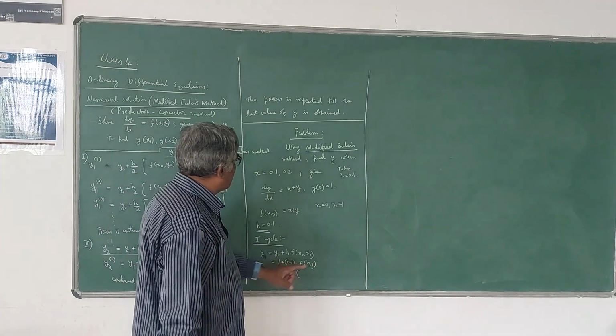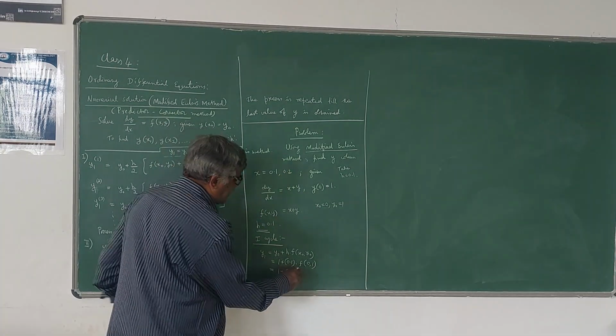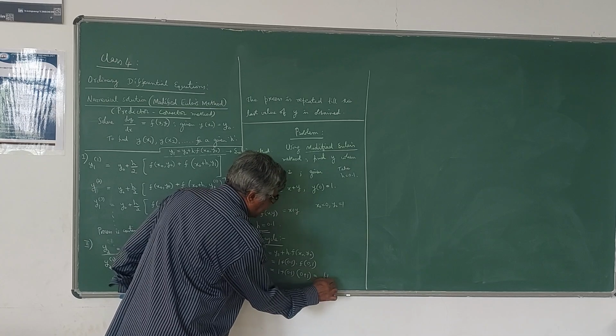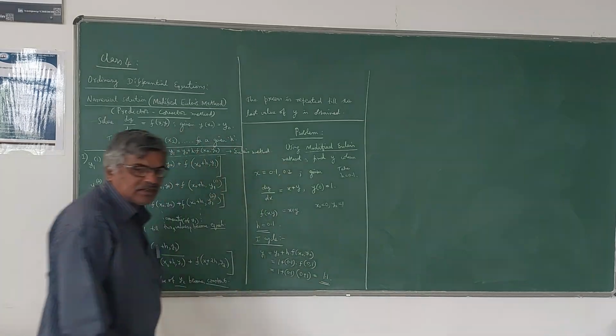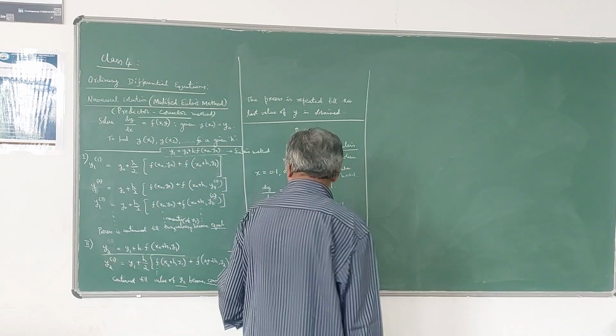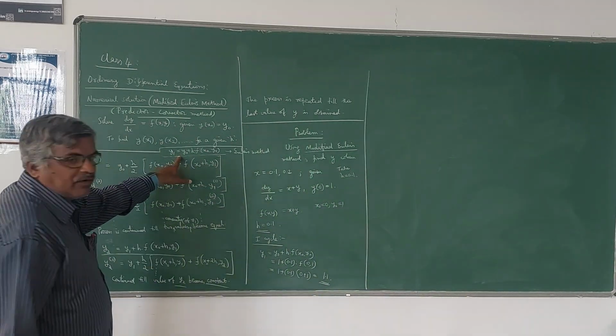The function is x plus y. Therefore this is 0 plus 1, so it is 1. 1 plus 0.1, 1.1. So this is the y1 value.